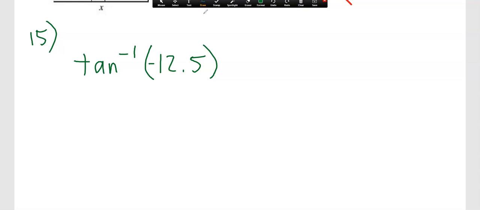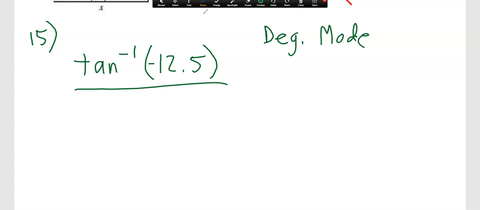It does say degrees? Okay, so you would need to make sure you're in degree mode to answer this question. And you're literally going to type that on a calculator. That's it. I mean, there's nothing more about that question that I can expound on. Now, negative 12.5. Okay.